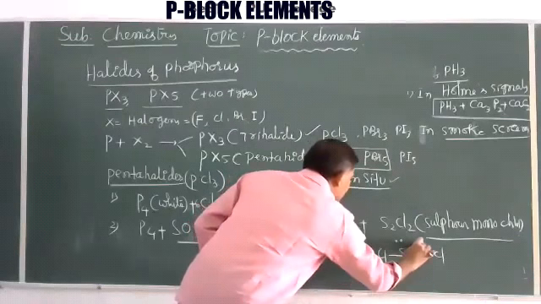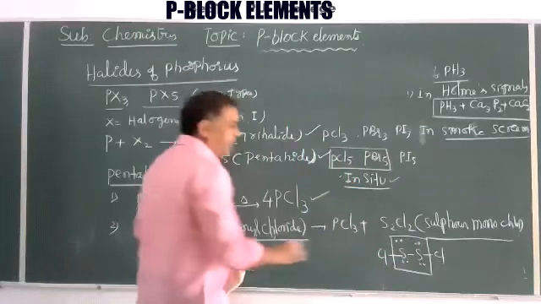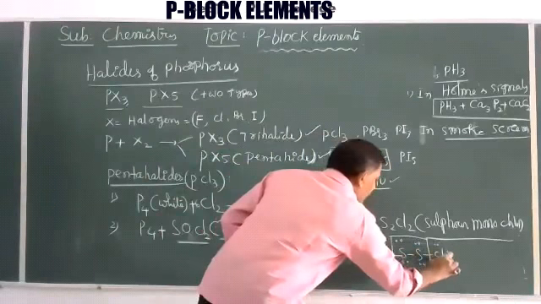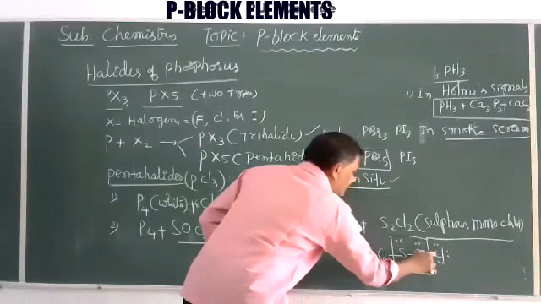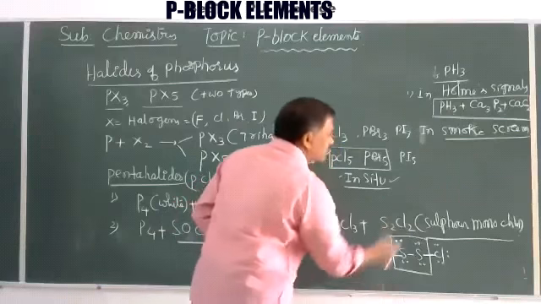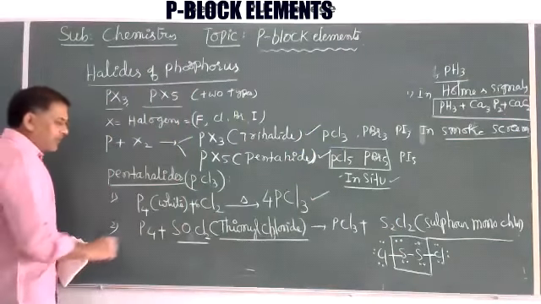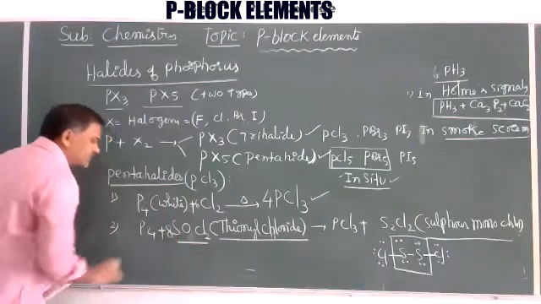On each sulfur, 2 lone pairs are there, and on each chlorine atom, 3 lone pairs are there. Out of 7, 1 is bonded with sulfur. This is sulfur monochloride. Balance it. Take care of the 8 moles.